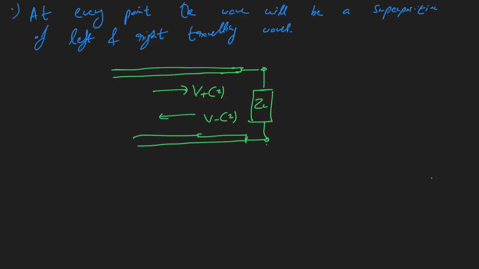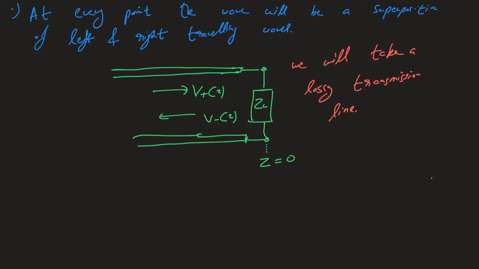We call this point where the load is z is equal to 0. Taking everything to the left will be negative. And we will take a lossy transmission line.